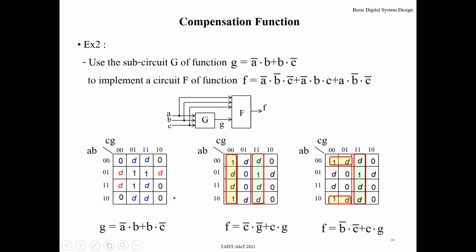And now for function F, I also draw the K-map, right? Because one of the inputs is from G, the positions where G is don't care in this table must be don't care also.